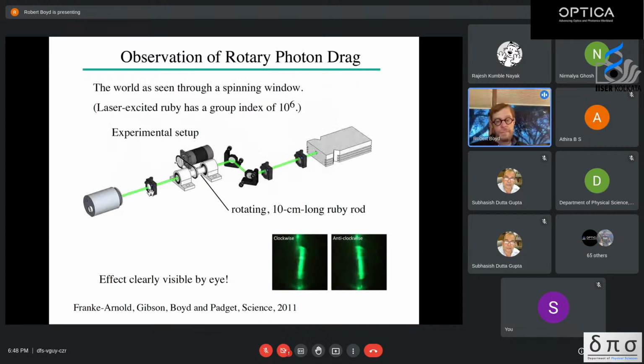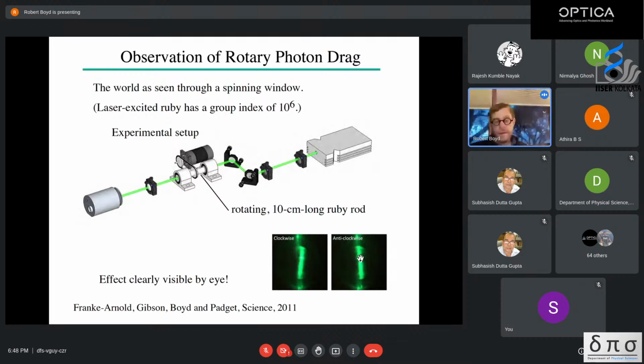Very simple setup, and we just have a beam of light in the shape of an I-beam, and when the slow light material, which happened to be ruby, is going clockwise, we see that this bar of light is rotated slightly clockwise.